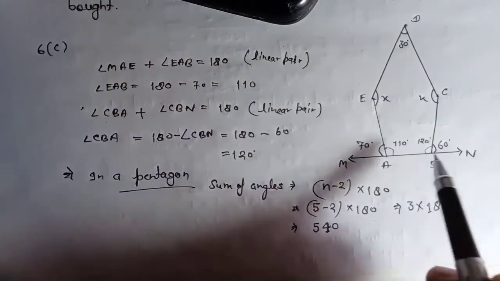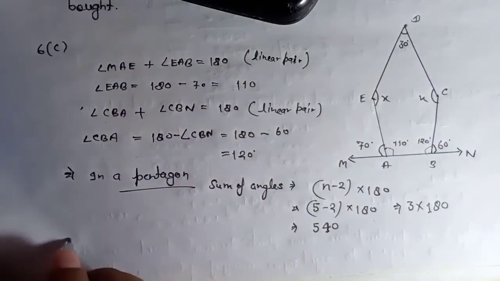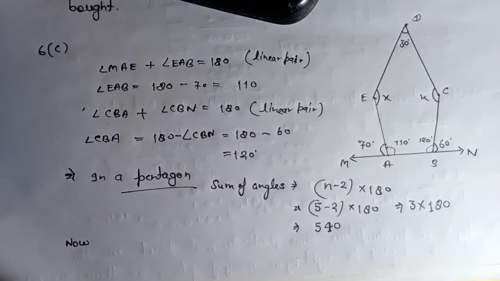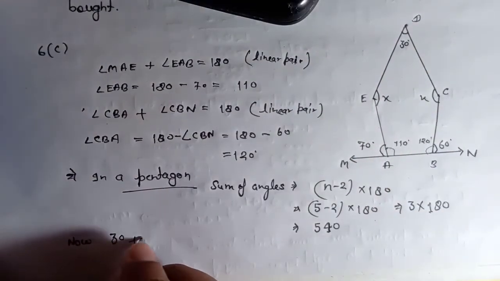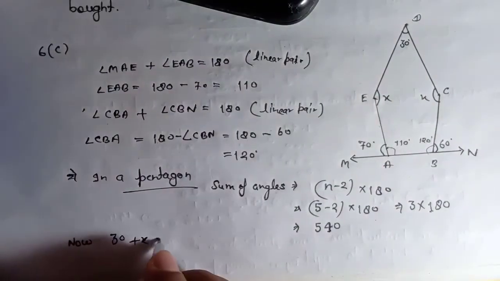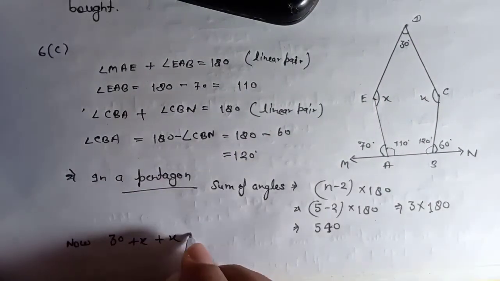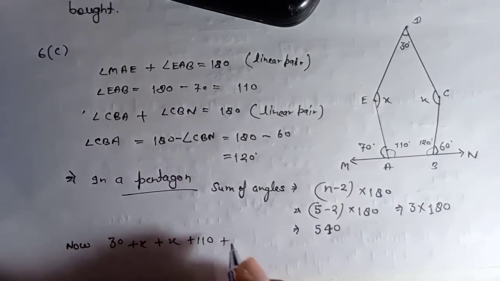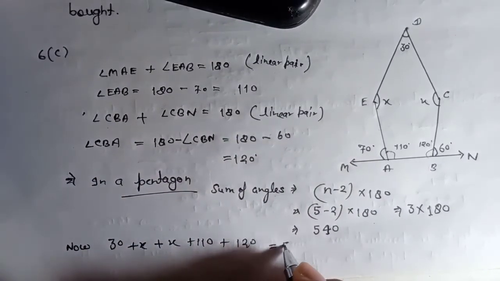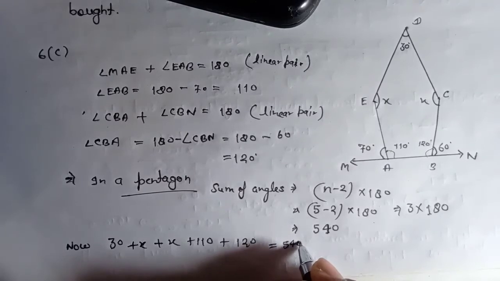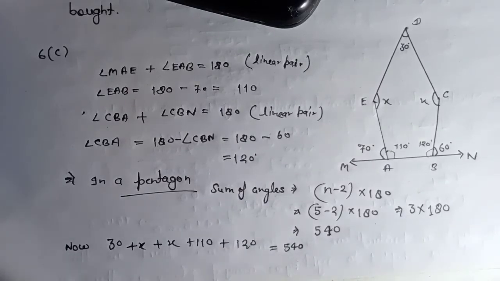This is the sum of all these angles. So now form the equation. How? Add this 30 degrees, this x plus this x plus this 110 plus 120, and it must be equal to 540. Calculate the value of x from here.